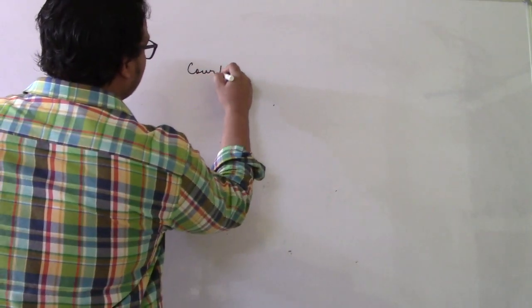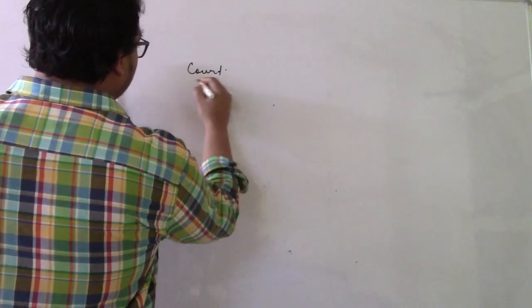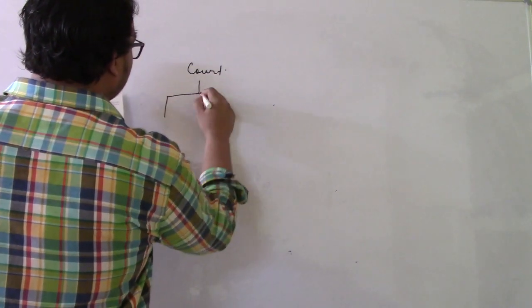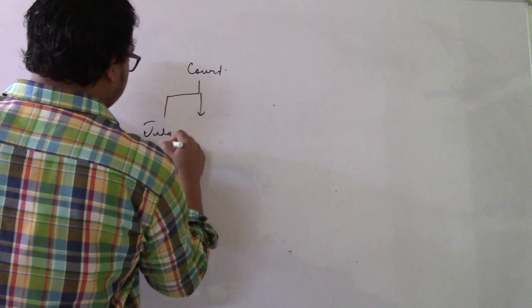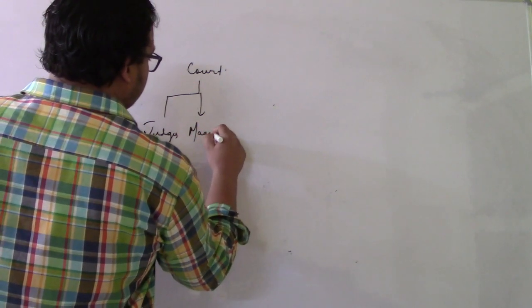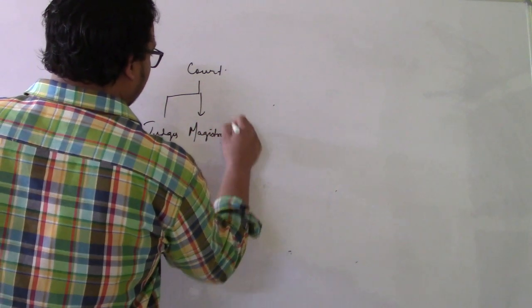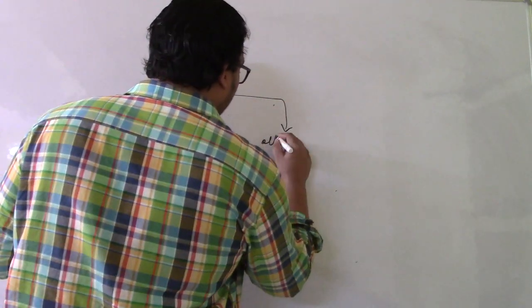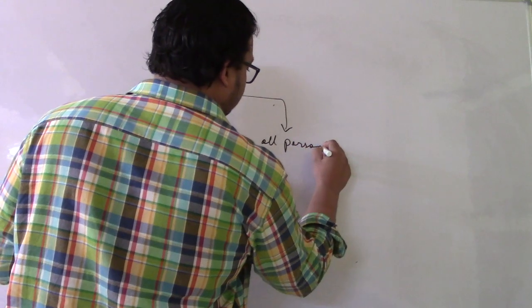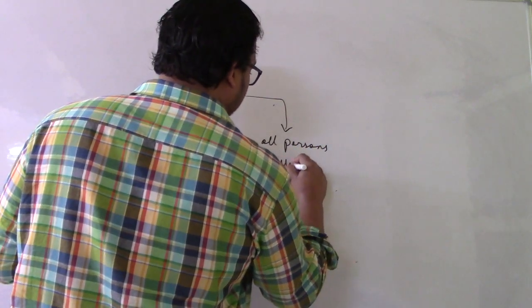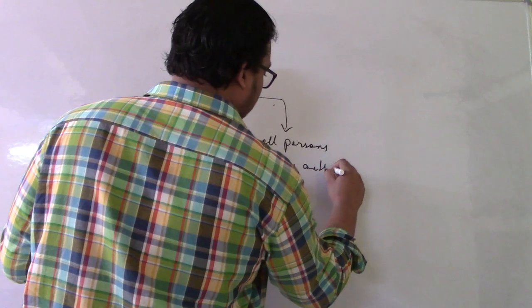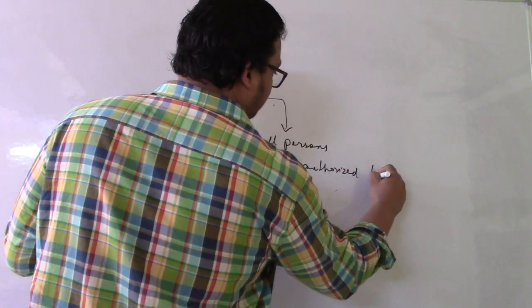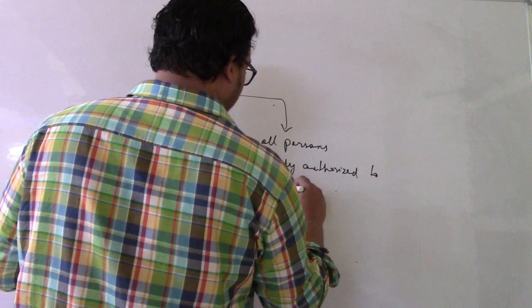Okay, first definition. Quote includes, this is how you should make your notes if at all you're doing that. Quote includes judges, magistrates, all persons legally authorized to take evidence.